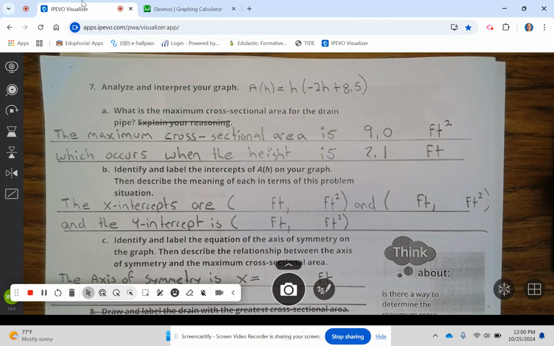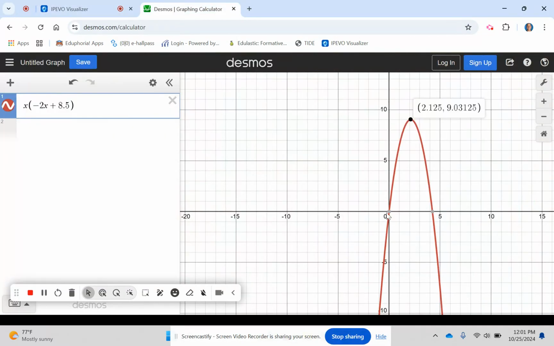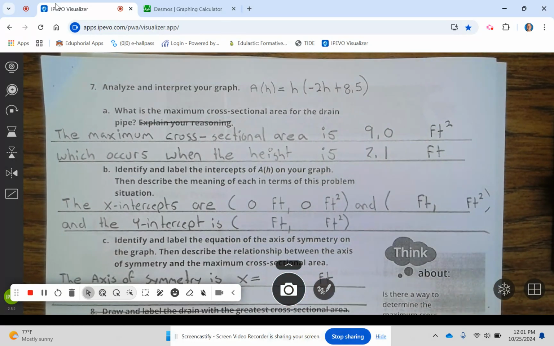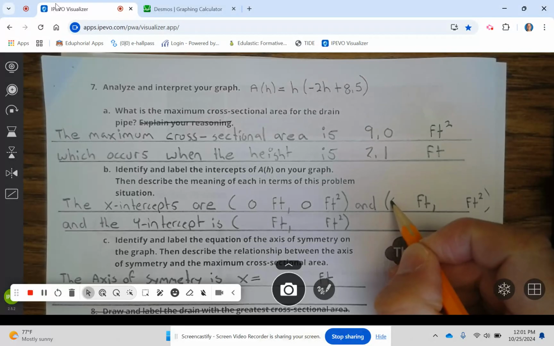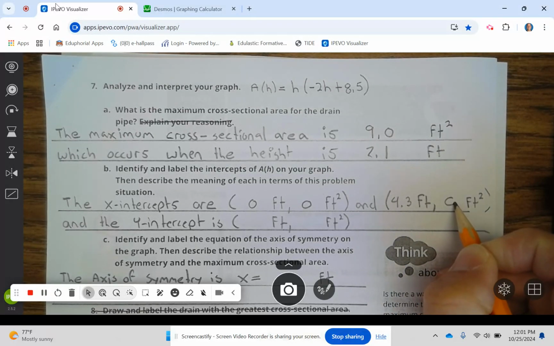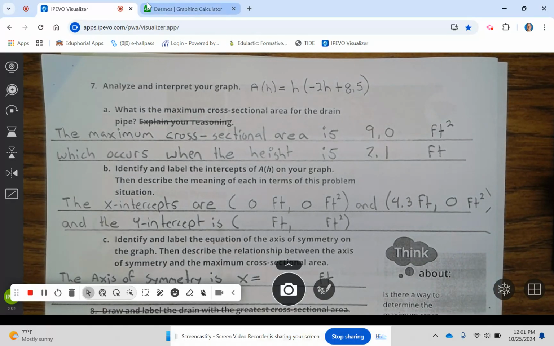B, identify and label the intercepts of A of h on the graph, then describe the meaning of each in terms of the problem situation. The x-intercepts. So we're going to go back to the graph. My x-intercepts are 0, 0, and 4.250. So the x-intercepts are 0 feet squared, and let's round to one decimal place, so 4.3 feet and 0 feet squared.